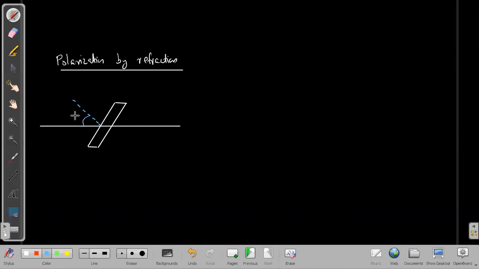If this angle is the Brewster's angle, then obviously the reflected light would be completely polarized. Sunlight is unpolarized, and the reflected light would be completely polarized.